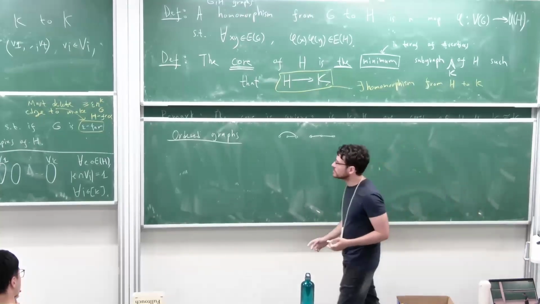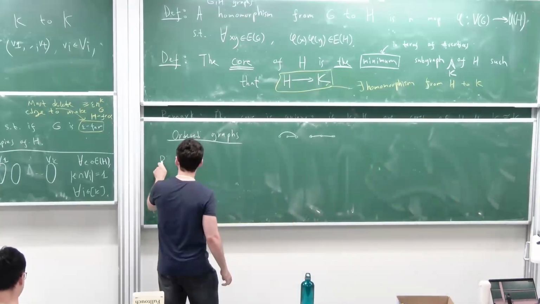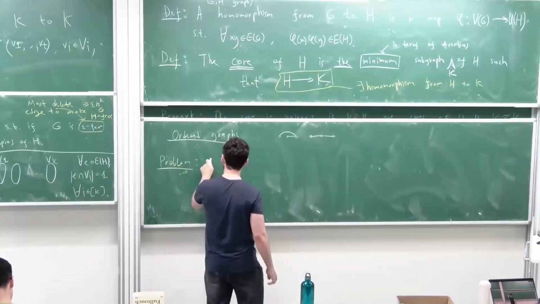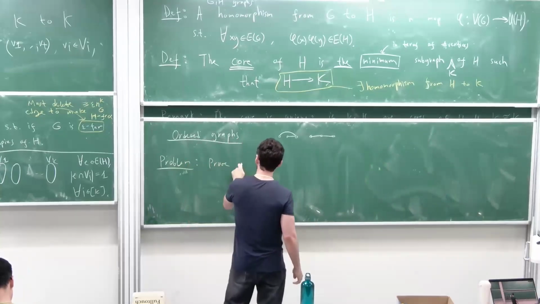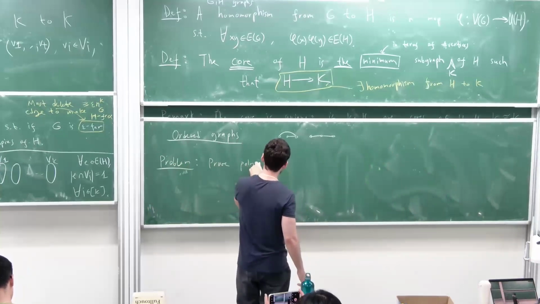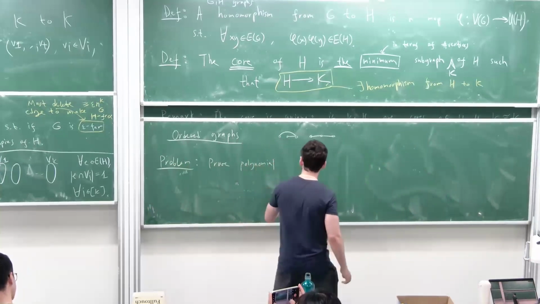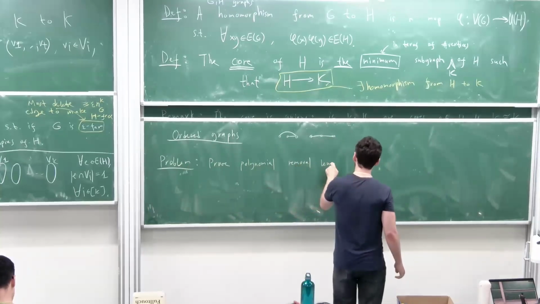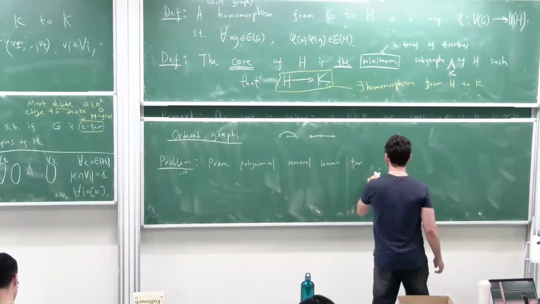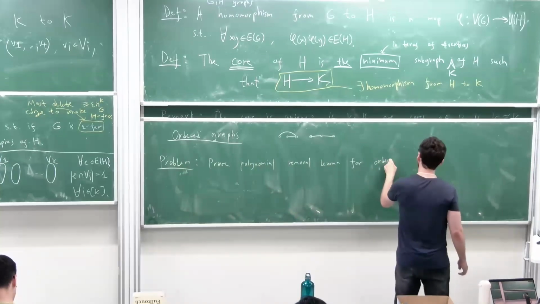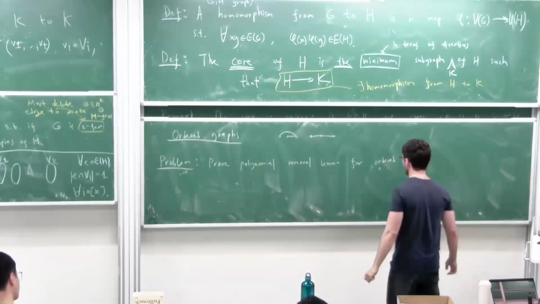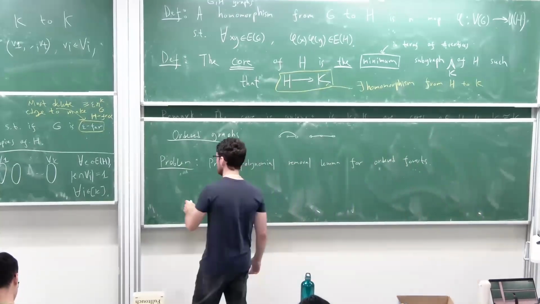And the problem is to prove a polynomial removal lemma for ordered forests. Let me check exactly what it means.